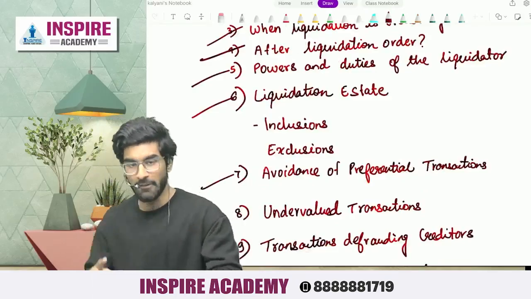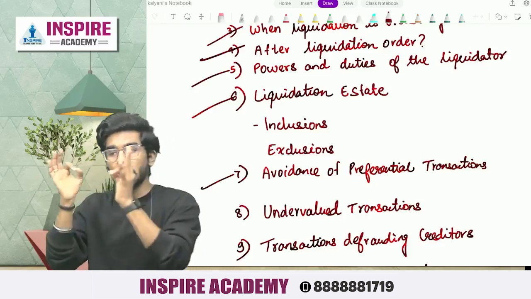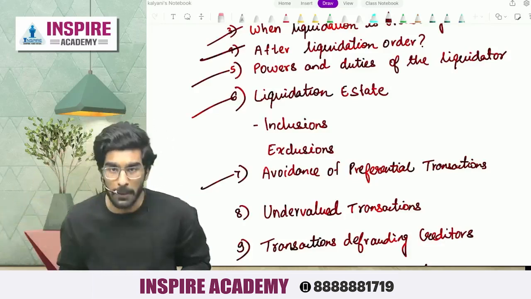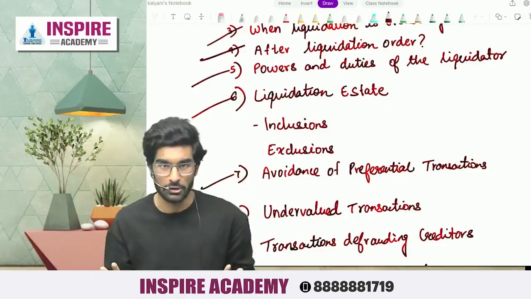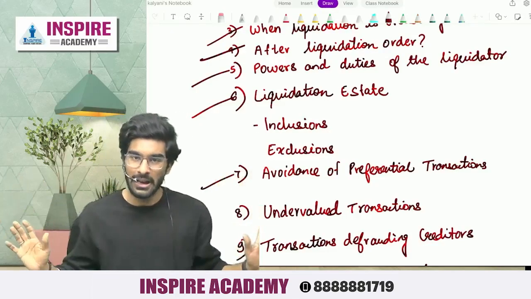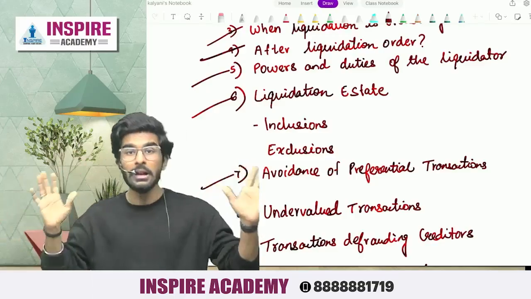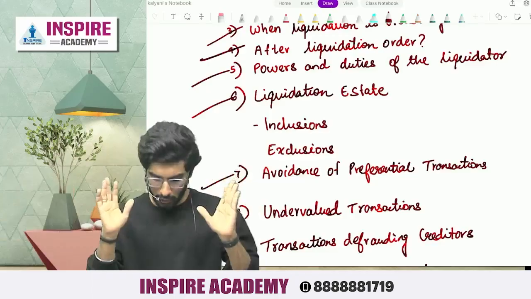If a company gives preference to a certain creditor before insolvency, that creditor will have to repay or restore the benefits back to the corporate person, so that all the creditors will be treated in a fair manner. So till here we covered our liquidation of a corporate person chapter.